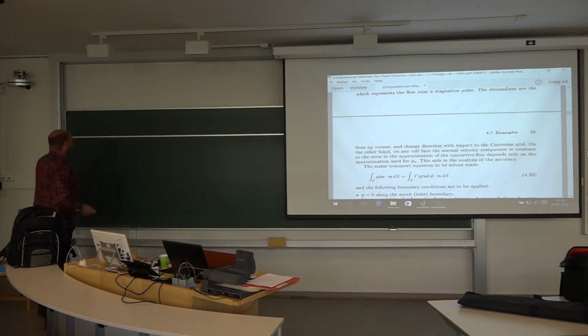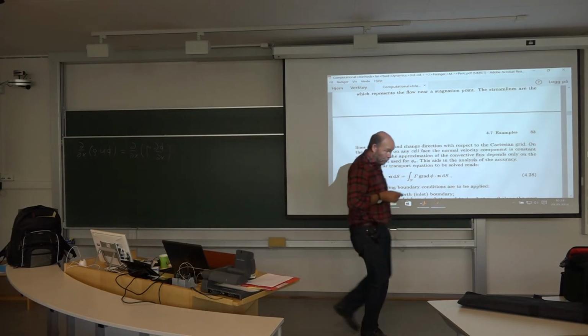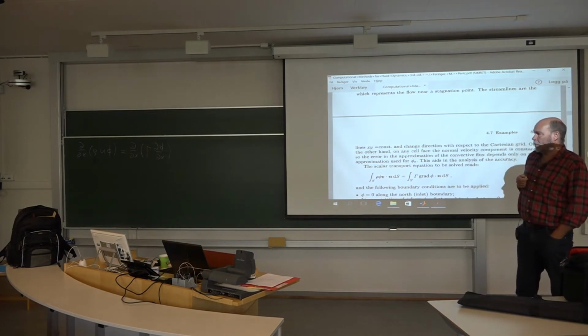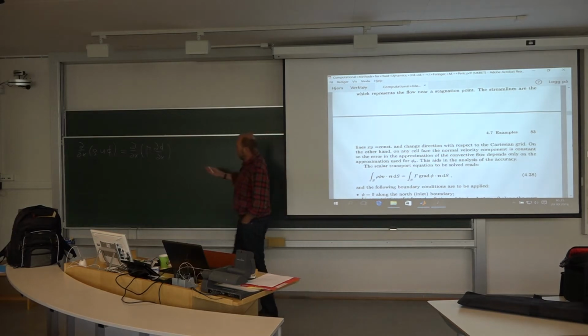So we had d/dx of rho u phi equals d/dx of gamma d phi/dx, like that. That was the differential equation. And here it's a one-dimensional case, so you don't have to use partial derivatives.